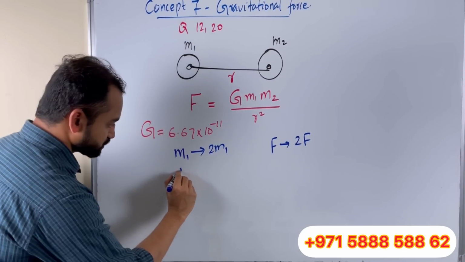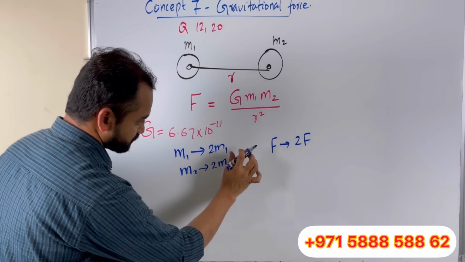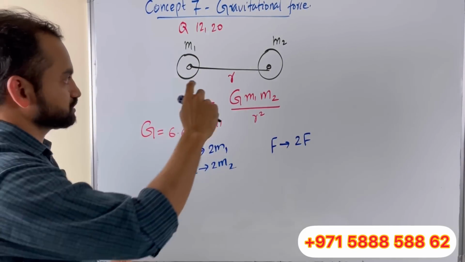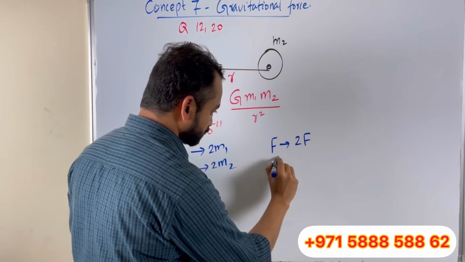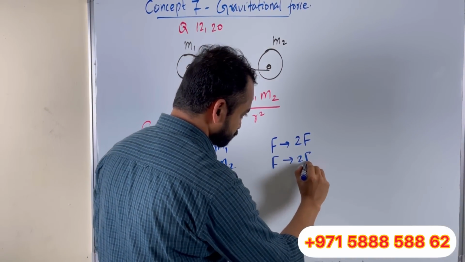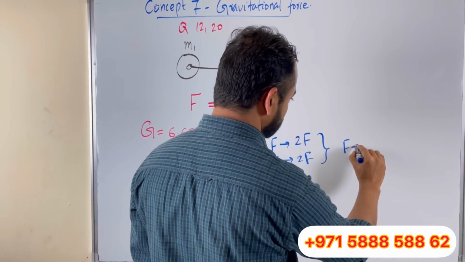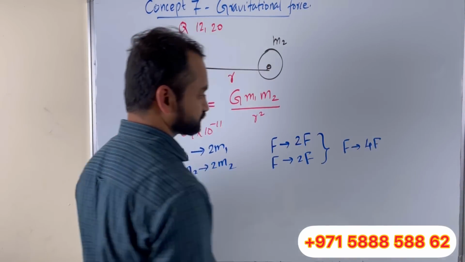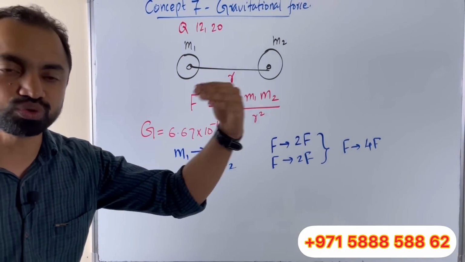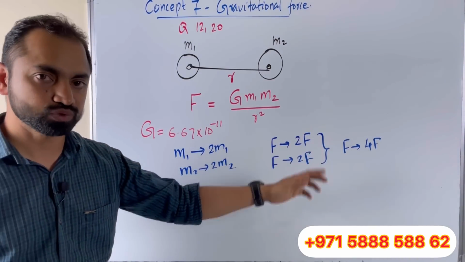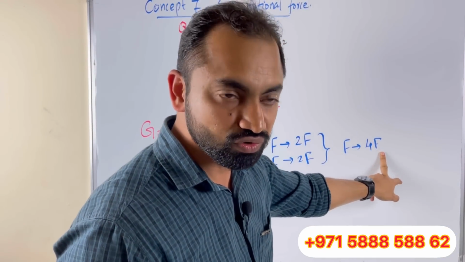When both the masses are doubled, m1 doubled and m2 also doubled, because of m2 the gravitational force becomes 2 times again. So what will be the total effect? The gravitational force becomes 4 times. So when only one mass is increased to 2 times, the gravitational force becomes 2 times. When both the masses increase to 2 times, the gravitational force becomes 4 times.